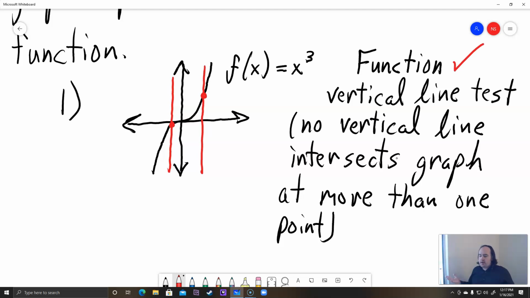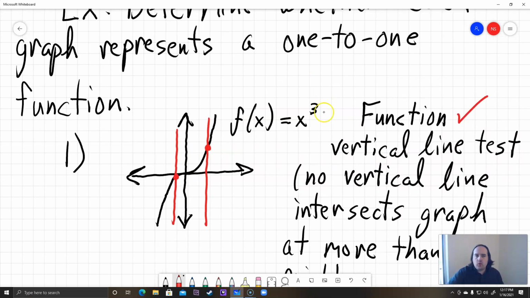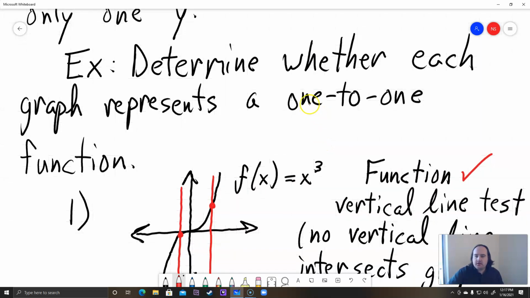Hopefully you remember that if you didn't know how to determine if a graph is a function, you use the vertical line test. Now to be a one-to-one function, you have to both be a function and also be one-to-one. We checked, and this one is a function because it passes the vertical line test.